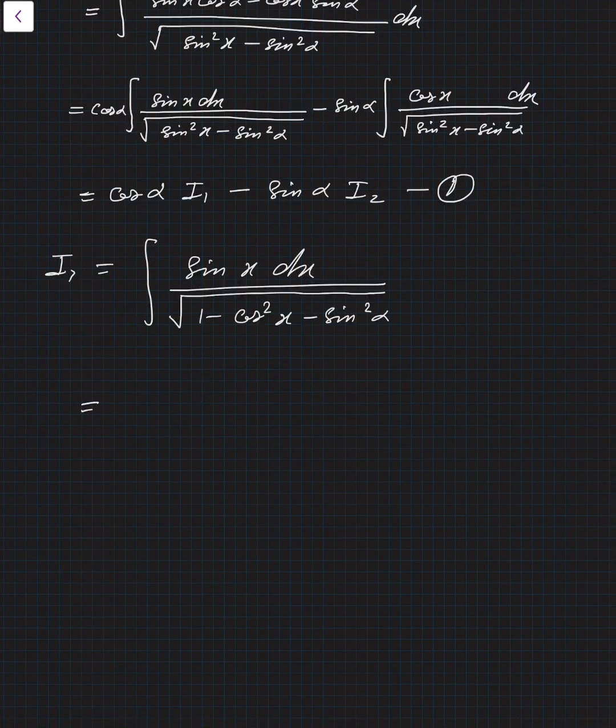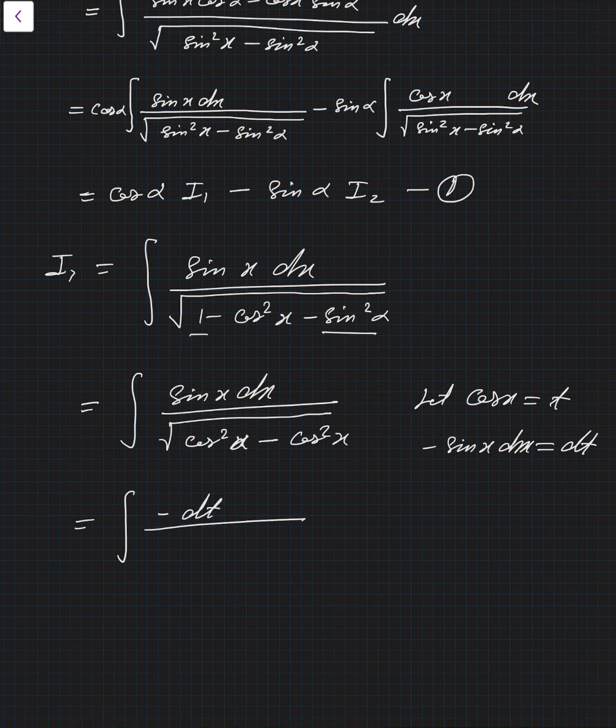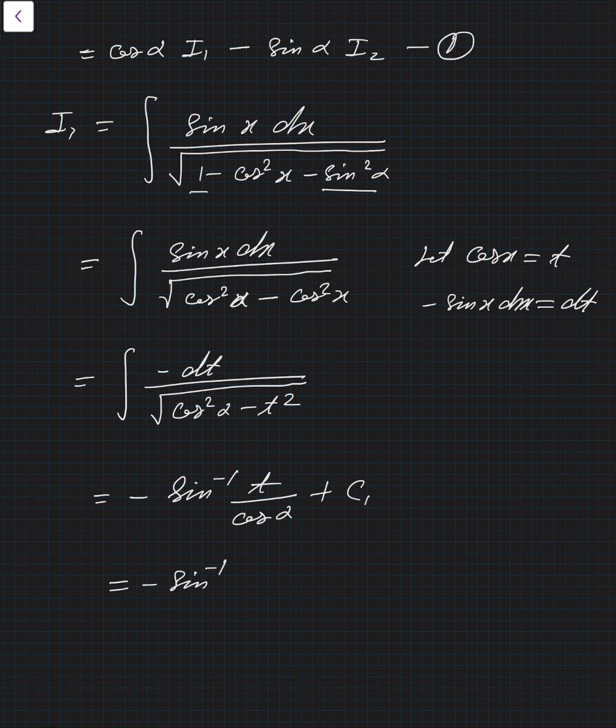Now that value is written as sin x dx whole divided by under root, that one is written cos square alpha minus, okay, let t be cos x, okay, now put here, okay, that is sin inverse t upon cos alpha plus c1. T is basically cos x. Clear or not?